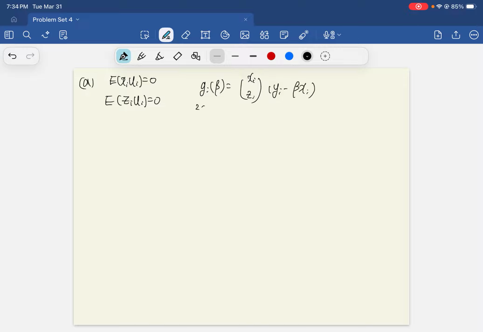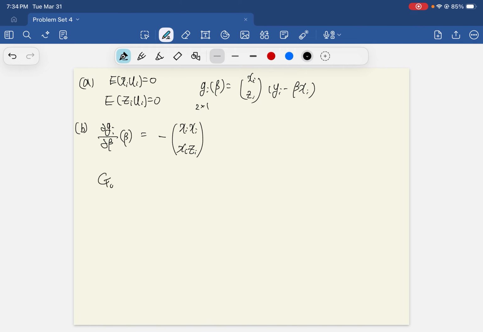So it is a 2 by 1 moment function. Okay, then let's think about its derivative. If you differentiate g with respect to beta, then it is simply minus x_i times x_i, that is x_i squared, and x_i times z_i, right? That is the derivative.